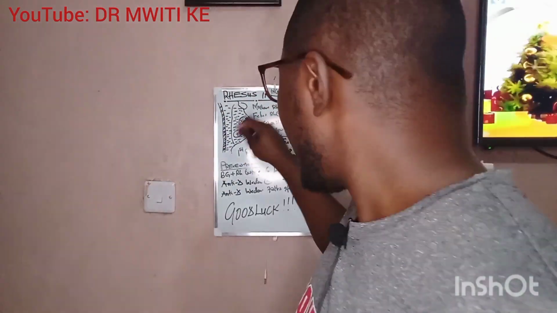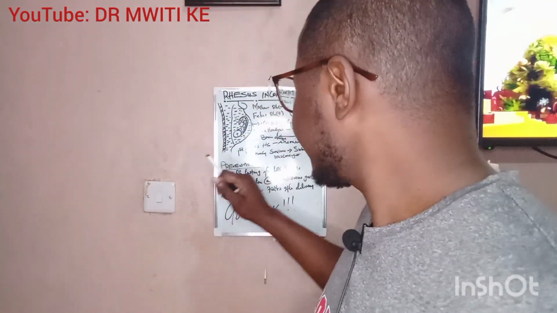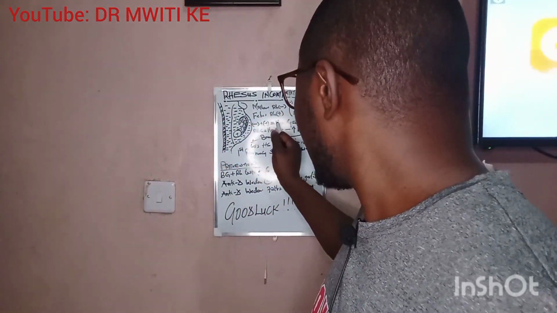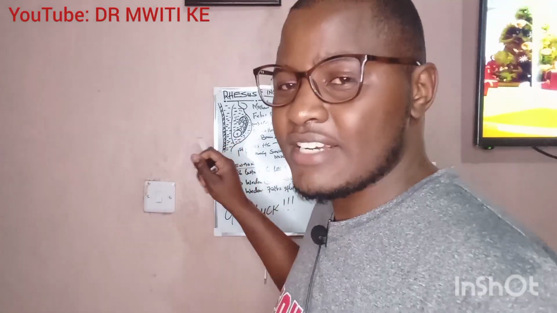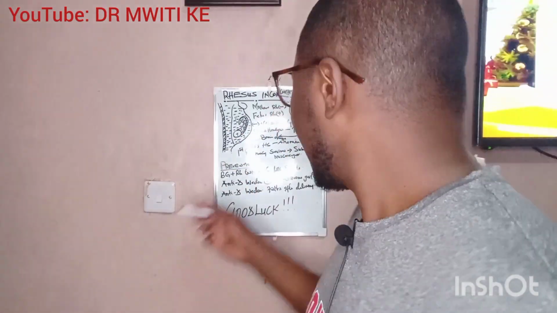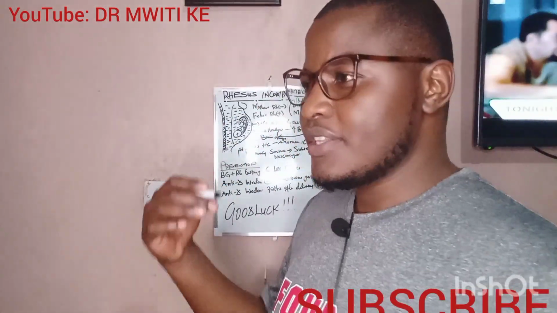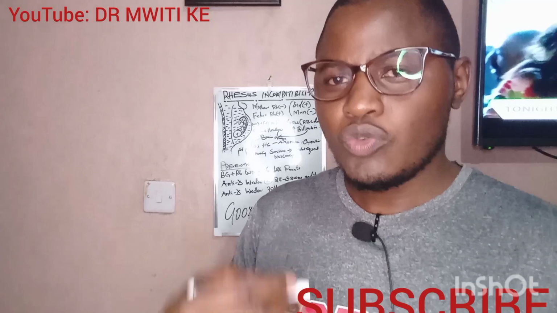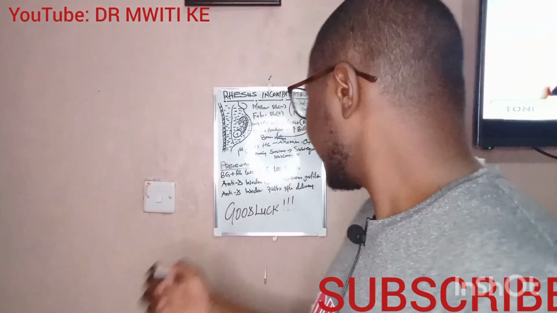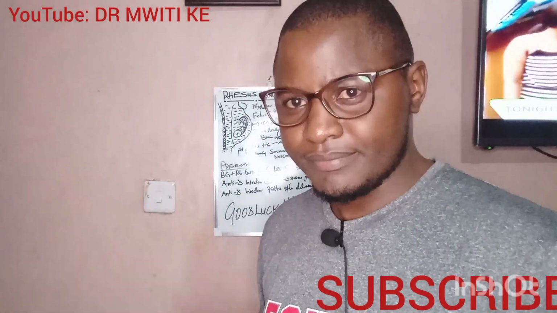As a result of all that breakdown, after the mature red blood cells of the fetus have been attacked, they are broken down into bilirubin. This bilirubin can result in brain damage of the fetus.